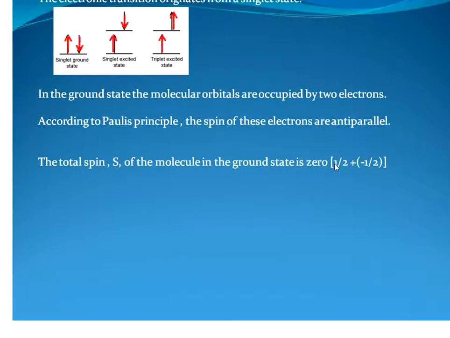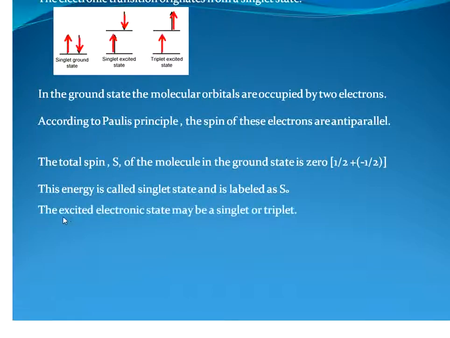Because one electron has a spin of plus a half and the other has a spin of negative a half, so when you add the two, you get 0. This state is called the singlet state and is labeled as S0.